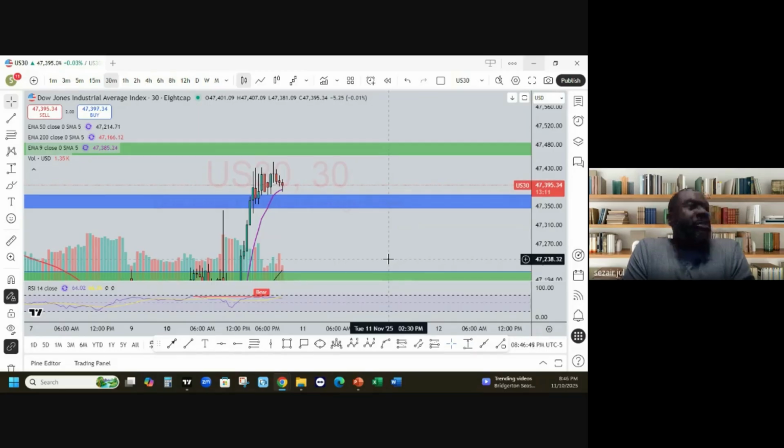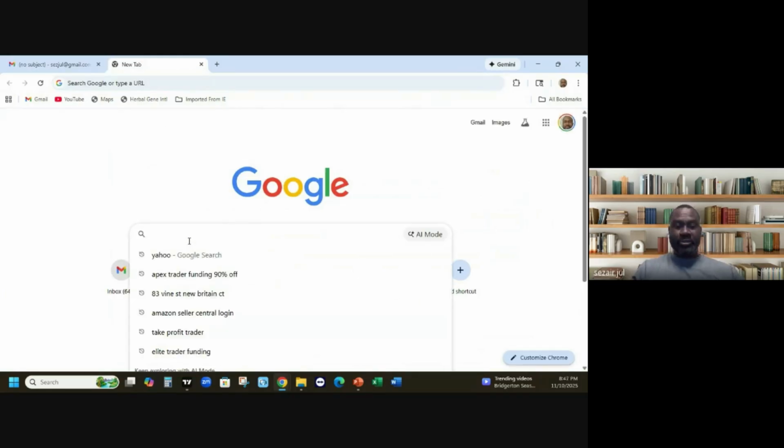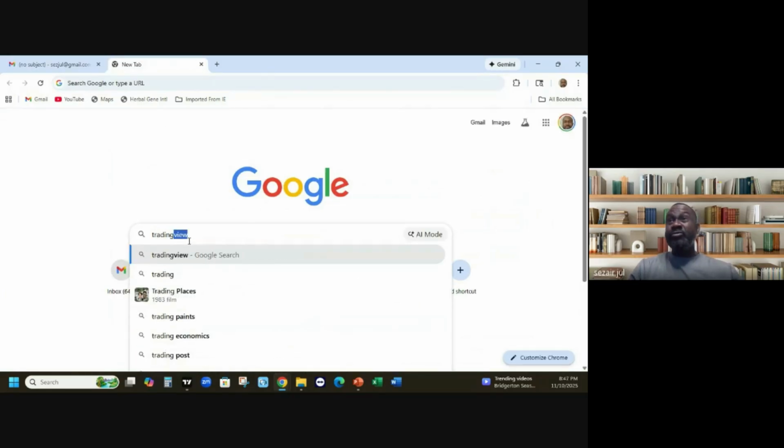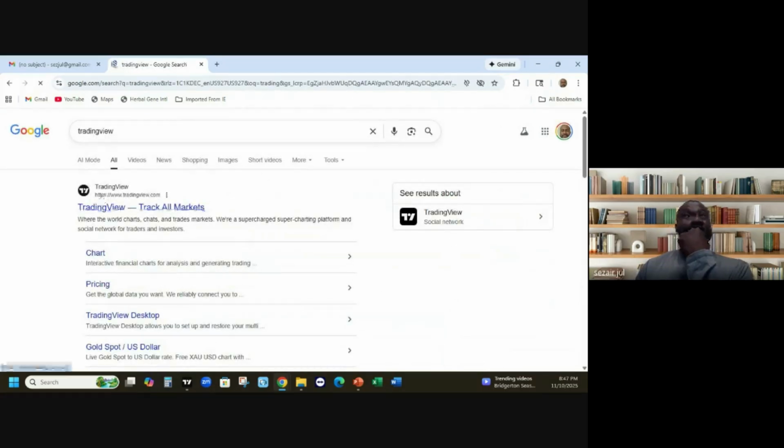It's not a homework, but you've got to download TradingView. This is TradingView. If you might have it already. Okay, this is it right here. TradingView.